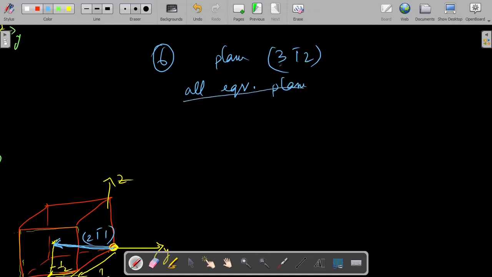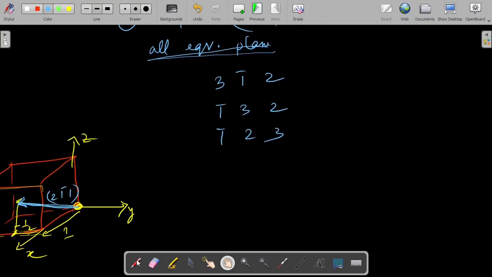What does this mean? It means you just have to write all the combinations of this 3, 1 bar 2. So all the combinations like 3, 1 bar 2. So that's first. Then change 1 bar here and 3, 2. What else will be there? 1 bar here, then 2, 3.